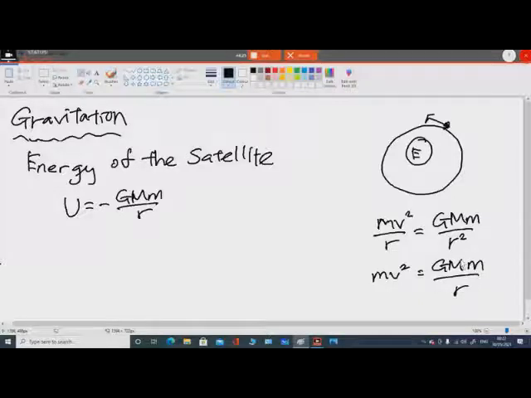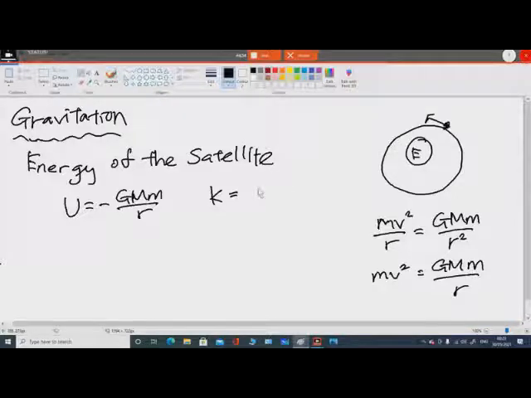As the satellite revolves around the Earth, there is another energy, which is kinetic energy, K. So there is kinetic energy and potential energy acting on the satellite.